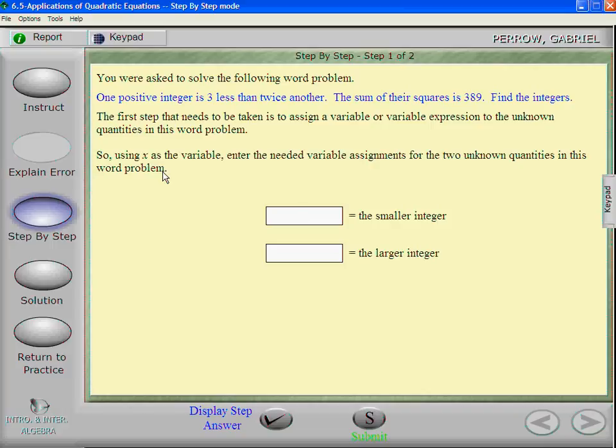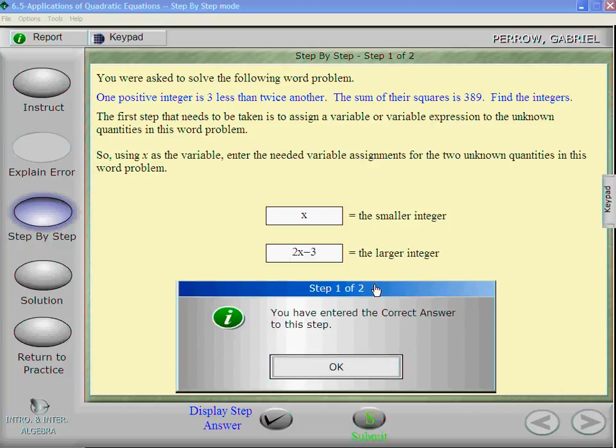So I guess we can expect that if the smaller of the integers is x, then 3 less than twice a number is going to be 2x take away 3.